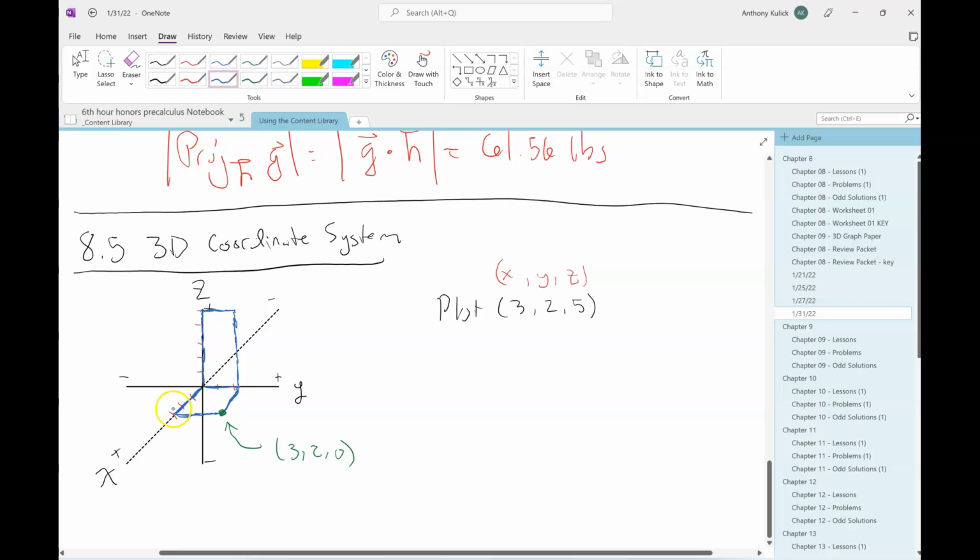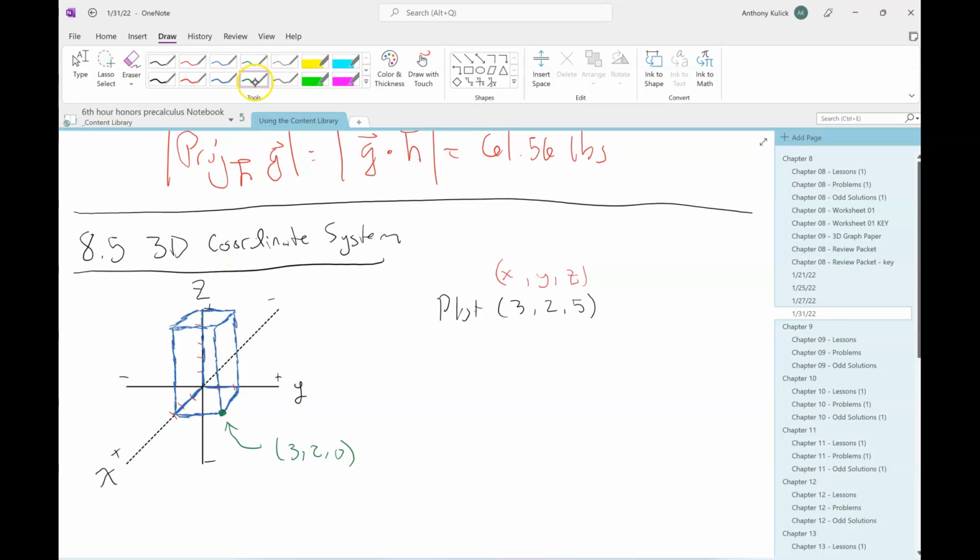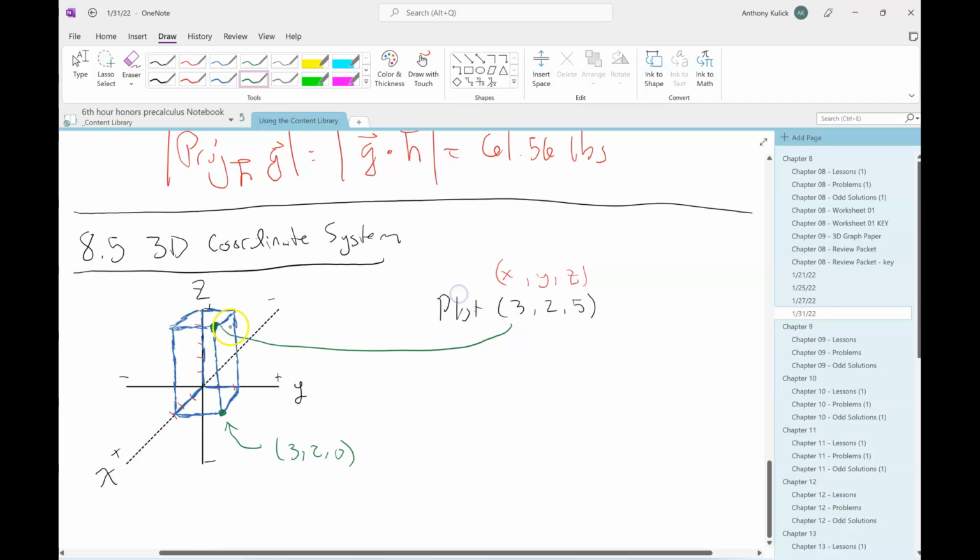Then I'm going to draw a side that's basically the same length here from the x-axis, and then I'll draw another side the same length as that other one I just drew to complete my box. And this point here then is my point 3, 2, 5.